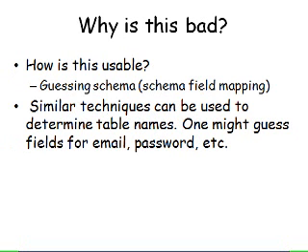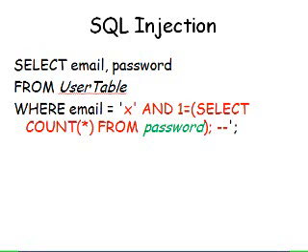The next step is going to be to determine the schema of the database. This is known as schema field mapping. We can use similar techniques to the ones already demonstrated to determine table names. You might guess that since there's a field for email, there's also a table for passwords. So we'll input something like the following, where the email equals this and find the count from the password table. Now, obviously we don't care about the actual count from the password table.